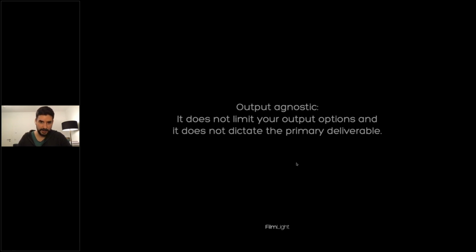This is something that would limit you, and I would suggest trying to stay away from it. If you have a specific print film emulation lookup table that you think you can't live without, there's also an option: if you watch our TrueLight Cam video that is available as a tutorial, you can convert that into a scene look. And the other part here is that it does not dictate the primary deliverable.